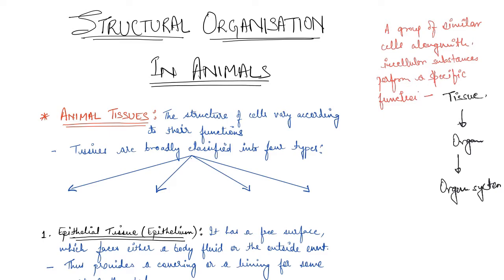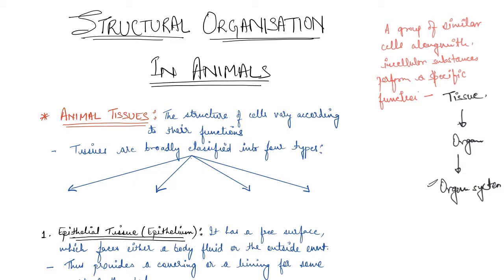Now, when two or more organs perform a common function, we call them an organ system. In animal tissues, the structure of cells varies according to their function, and the tissues are classified into four types.